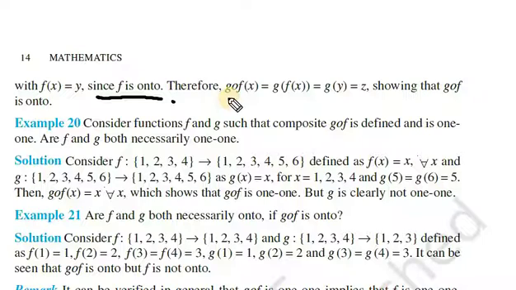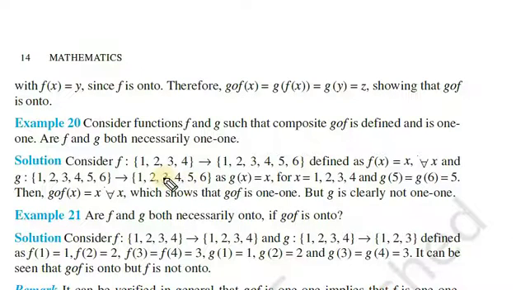Now you can see that g of f of x is what? g of f(x), but f(x) is y, and g of y is z. So this shows that g of f is onto. Okay, so this is the thing.